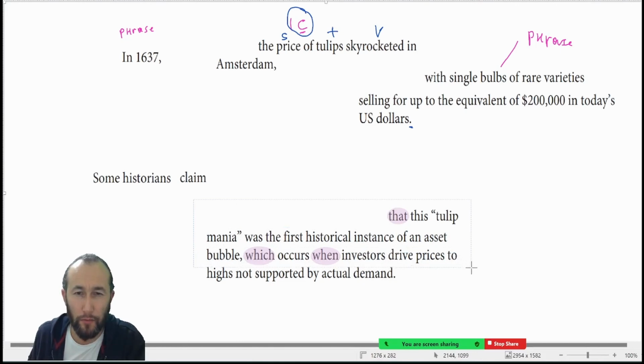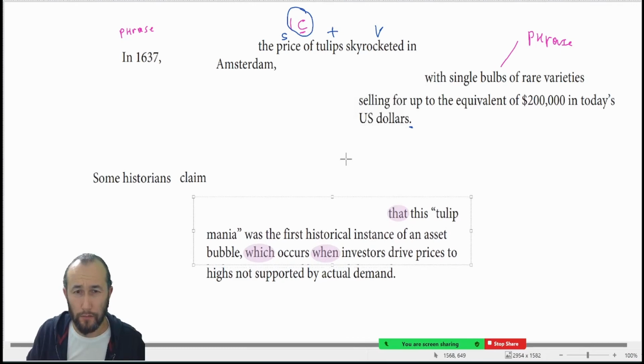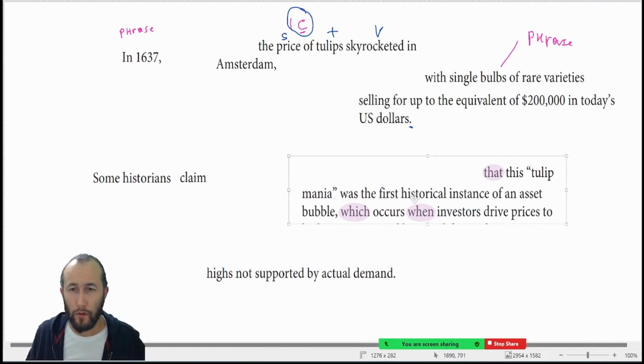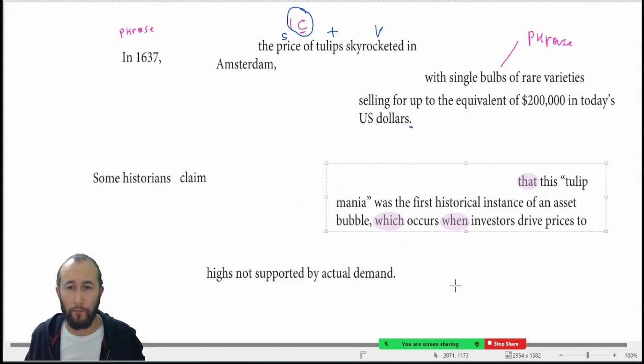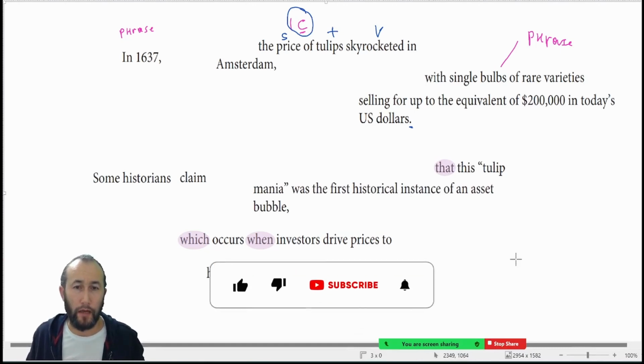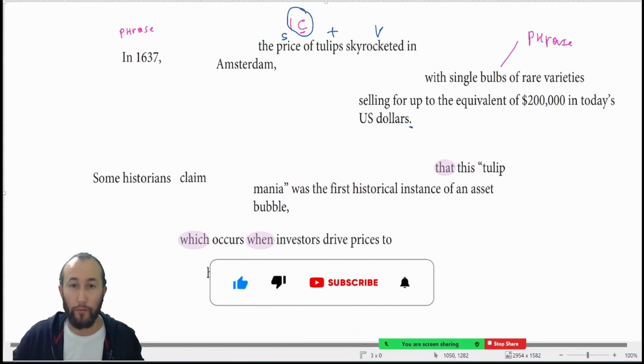So I'm going to separate them. Now we're going to separate "which." Now we separated that, and now we need to separate the adjective clause. Okay, guys, so now we've got two of them separated.